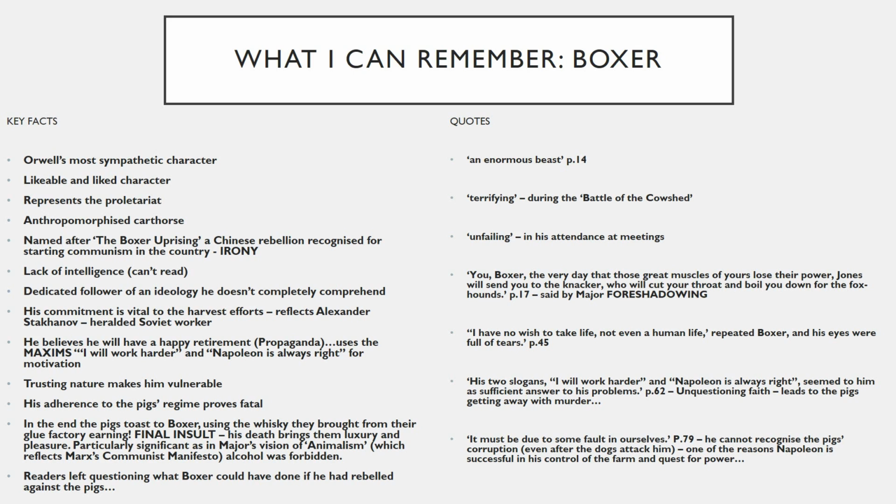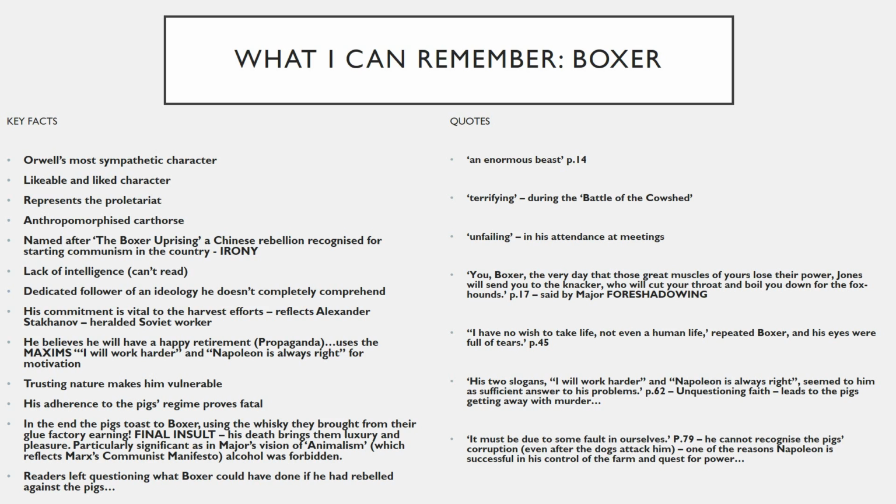Okay, another thing to think about with Boxer is that he's not very intelligent, and we could use the key fact that he can't read to support this interpretation. Because he's not that bright, he's following an ideology that he doesn't fully understand. He can't comprehend it. His commitment to this ideology, however, is the strongest out of all the characters.